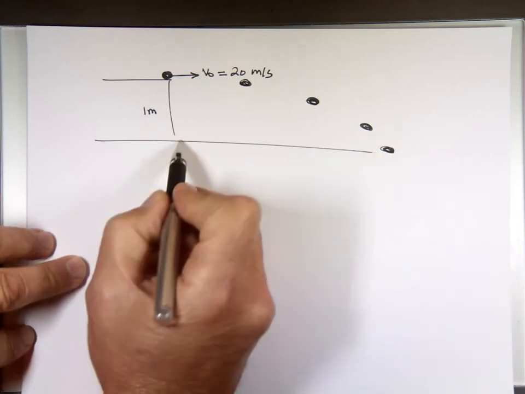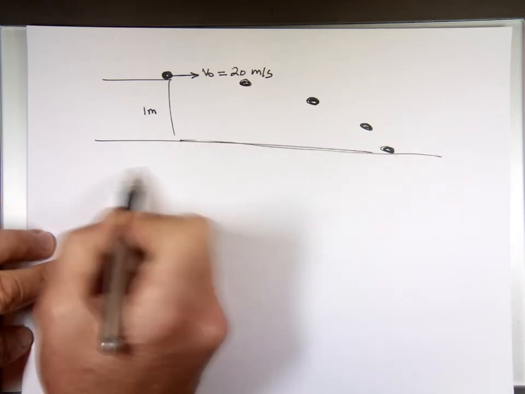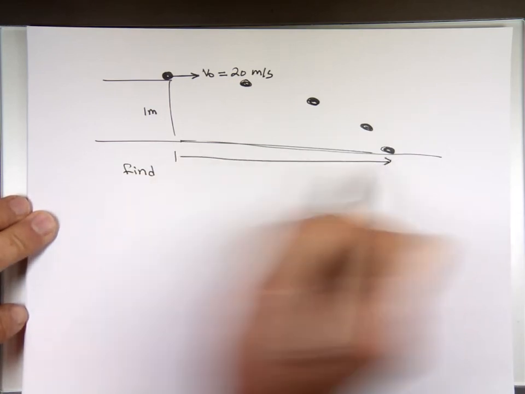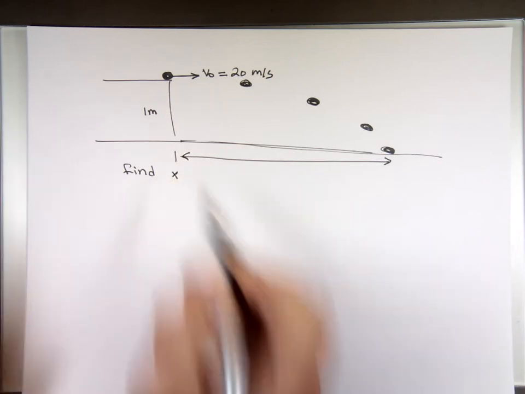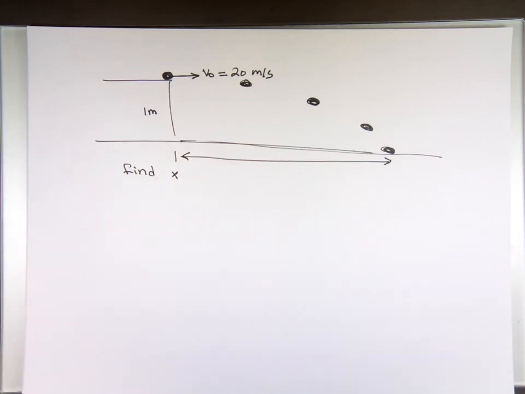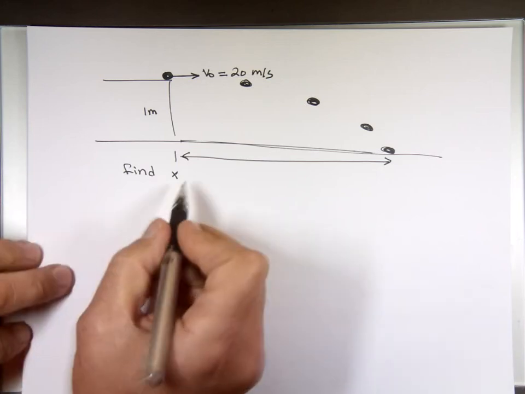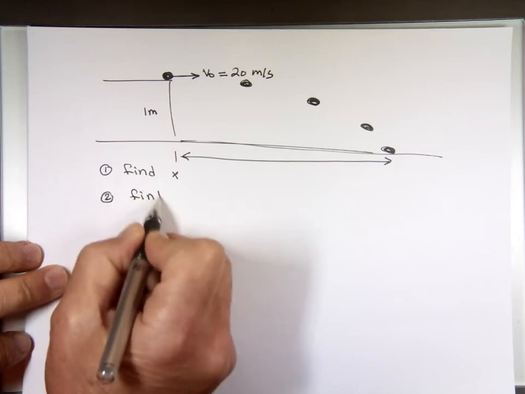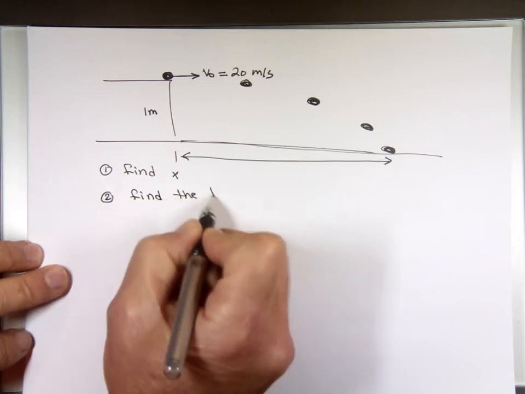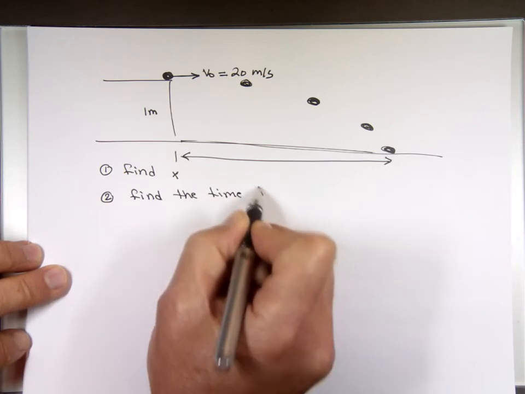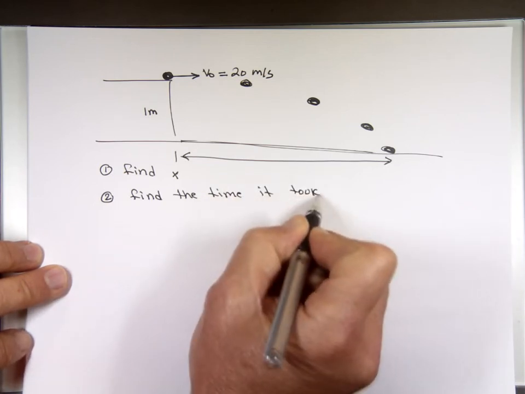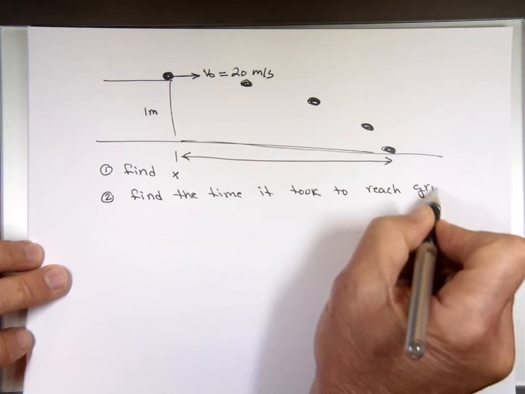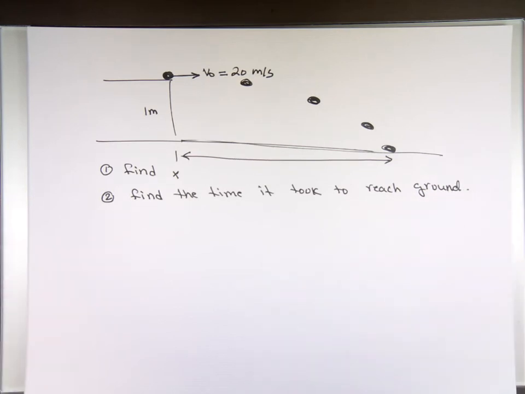So let's ask a few questions. Find the distance x where it's going to land. That's the first question. Second question, find the time it took to reach the ground. How long was it in the air?